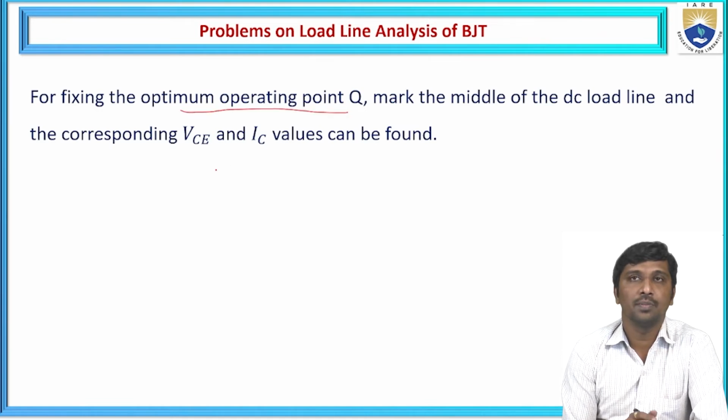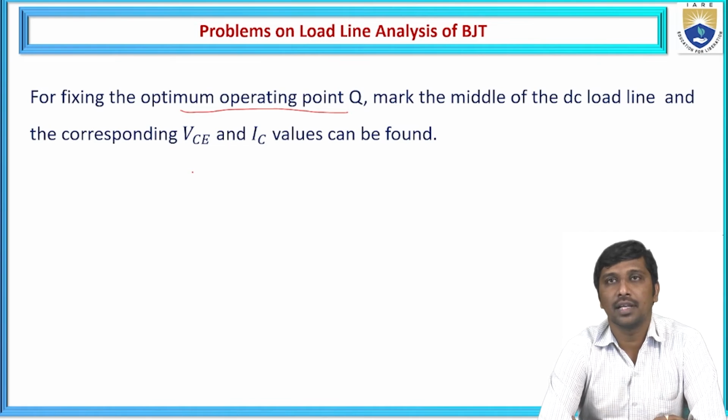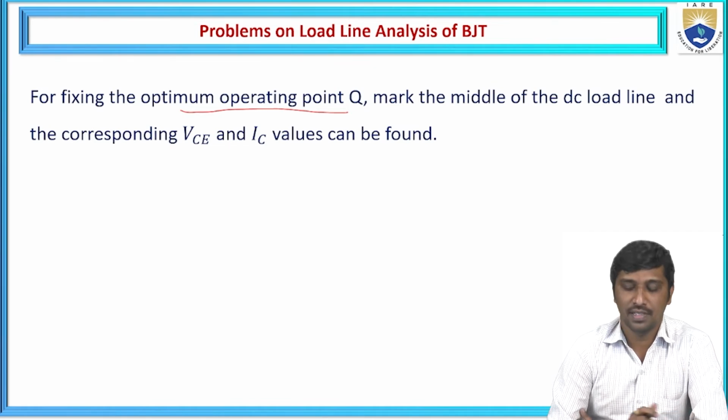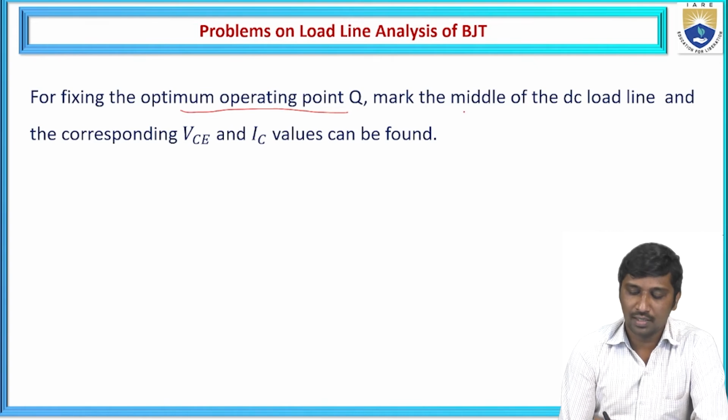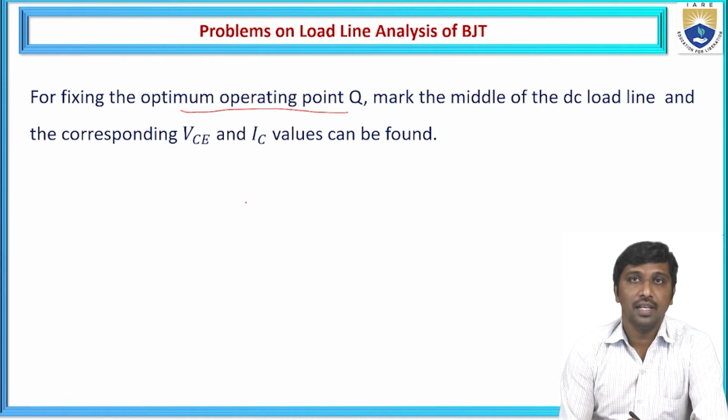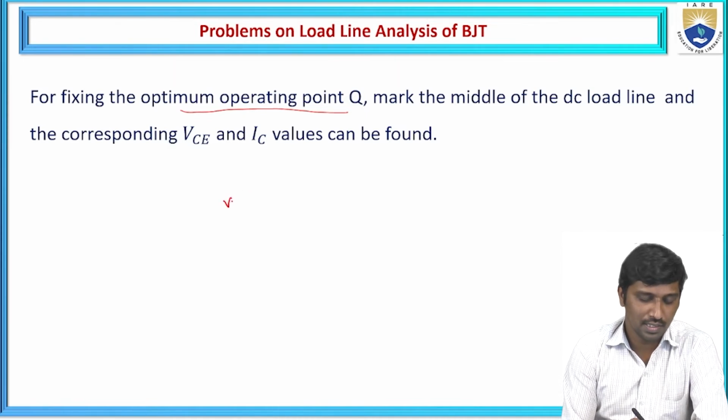So we need to find out the optimum operating point Q. What is the optimum operating point? We know that the Q point is always located in the center of the DC load line to define a perfect amplifier. So we need to mark the middle of the DC load line and the corresponding VCE and IC values. To define the Q point, VCE is equal to VCC, which we observed is 24 volts.